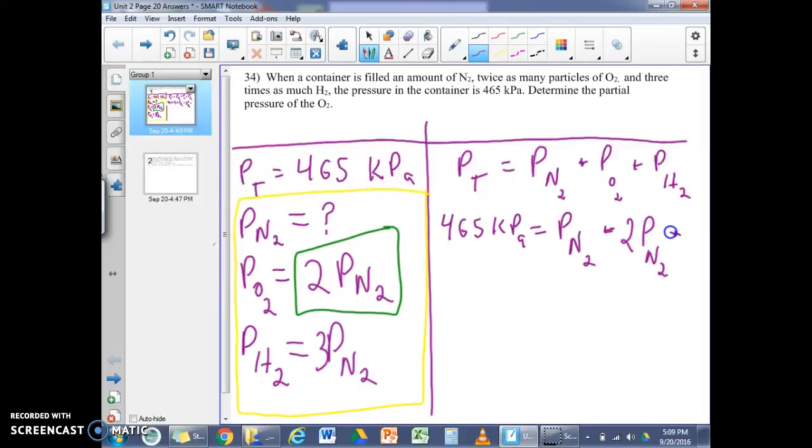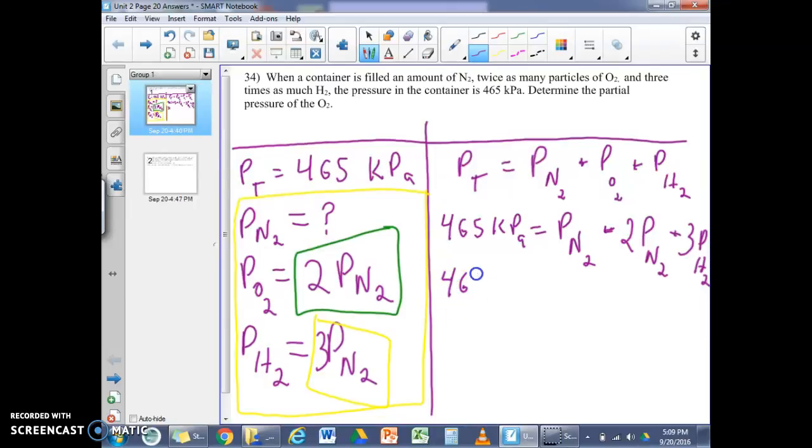And then we can do the same thing for pressure of the hydrogen. Well, I don't know what the pressure of the hydrogen is, but I know it is 3 times, so we'll just substitute my 3 times the pressure of the nitrogen. Sorry, I'm running off the board a little bit here. So that means I can actually simplify this side.